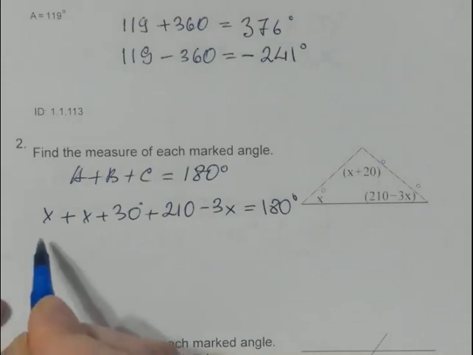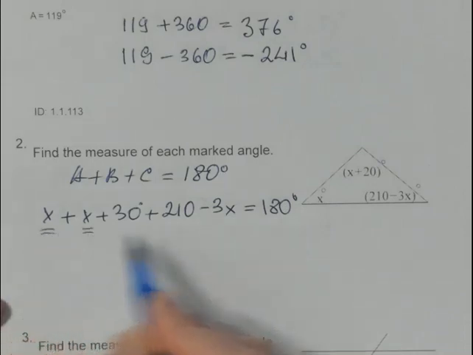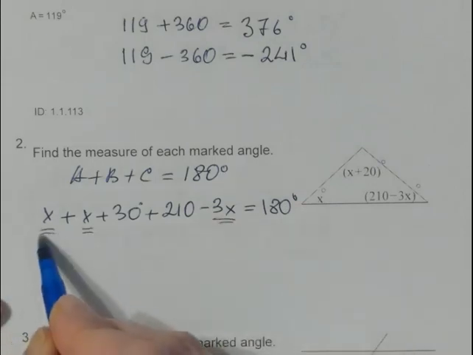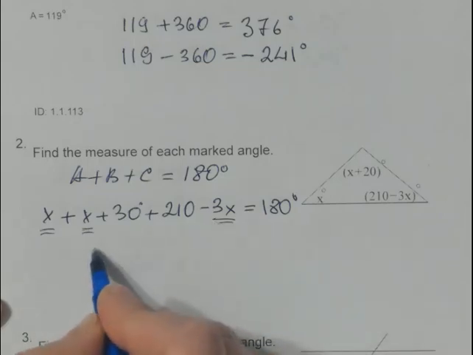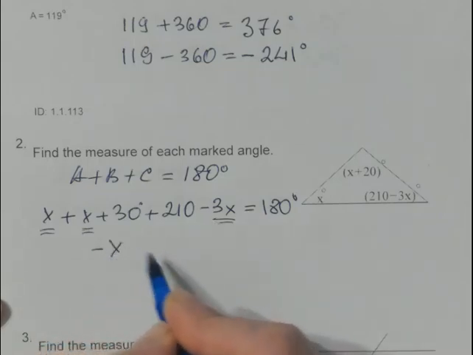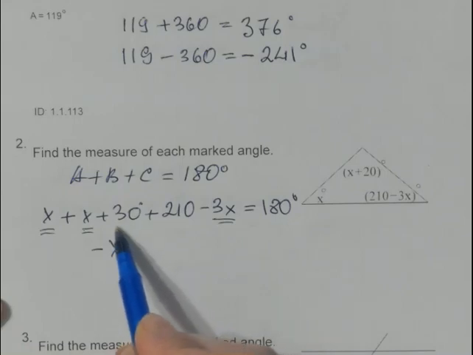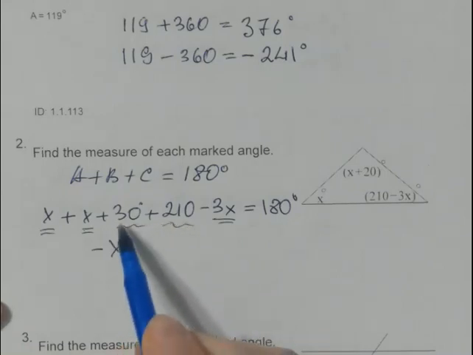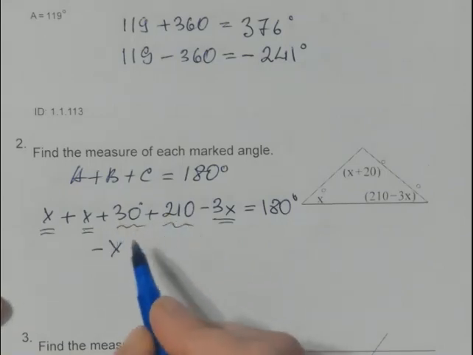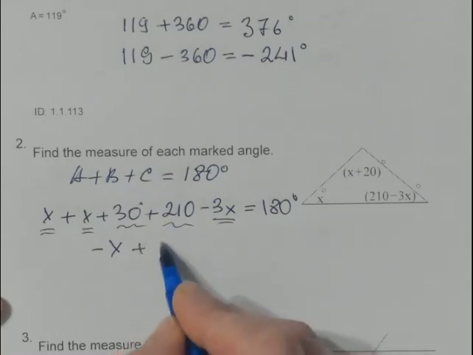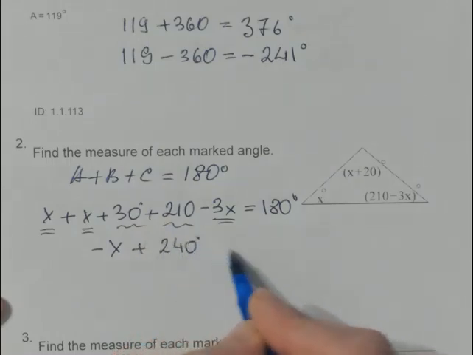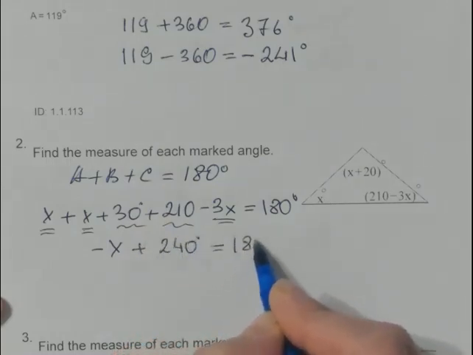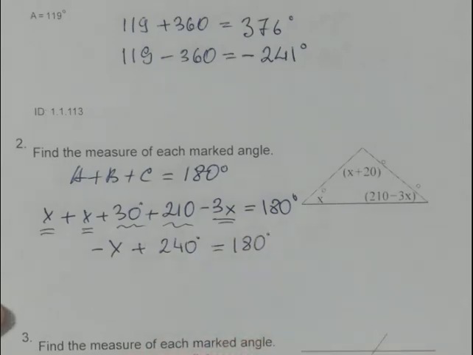So we have like terms with x: 1 plus 1 minus 3 will be minus 1x, and terms without x: 30 and 210 will be 240 degrees.